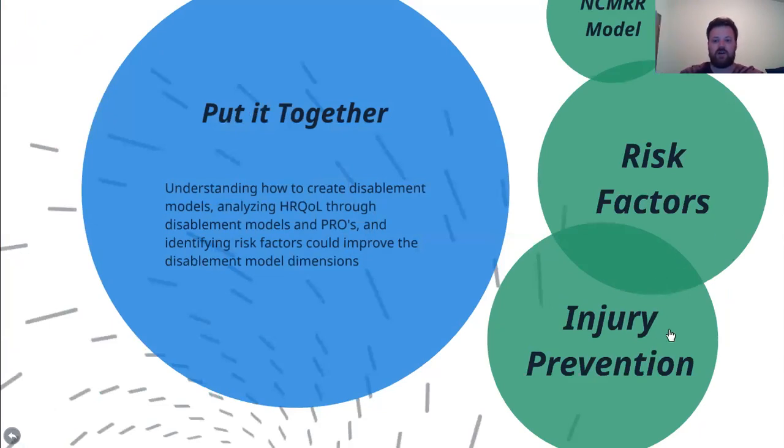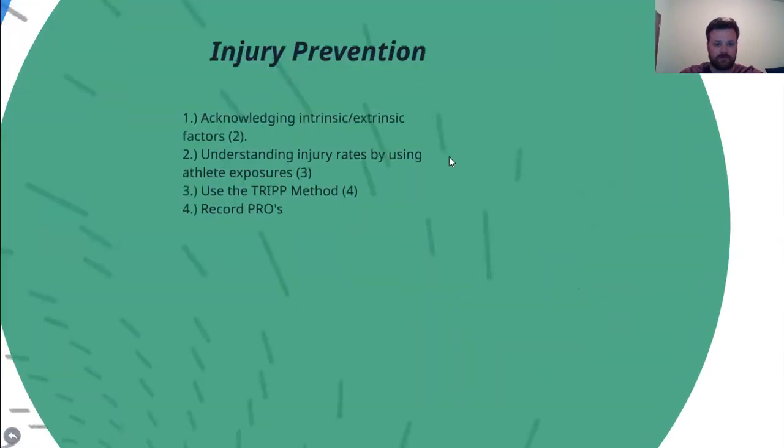And now, kind of going to injury prevention. Again, we have to know our intrinsic and extrinsic factors. We have to understand our injury rates by using athlete exposure. So our population is collegiate basketball athletes.